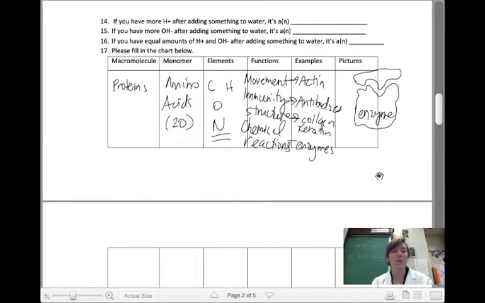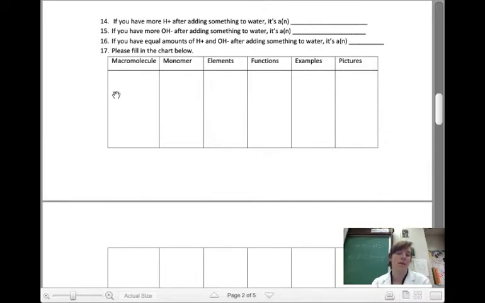All right, next up we have our lipids. And lipids are made up of fatty acids. Don't put your lipids on my fatty acids. We have C, H, and O, but here we have more of the H and the O instead of the carbs, and we have no ratio for lipids. And we have three functions for lipids. The first is long-term energy storage.